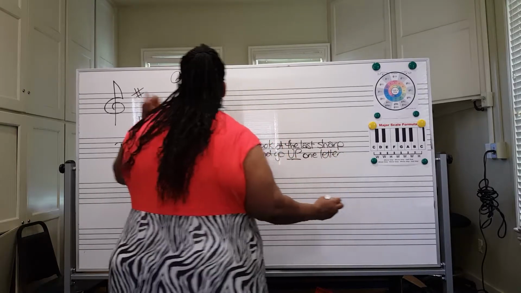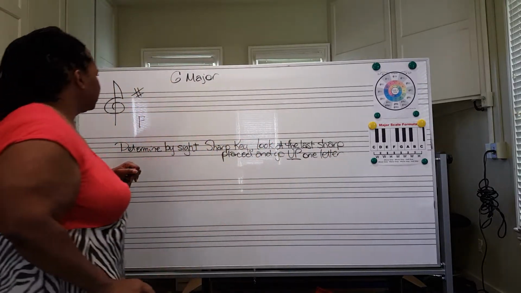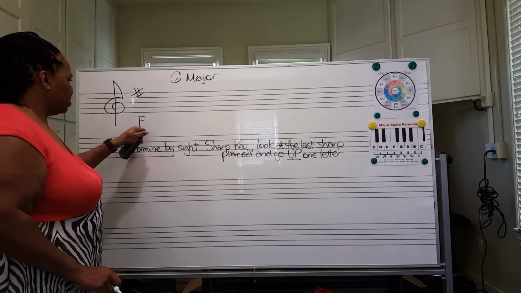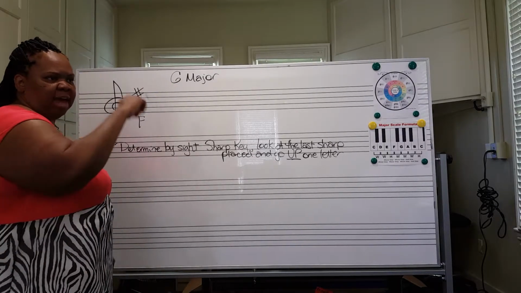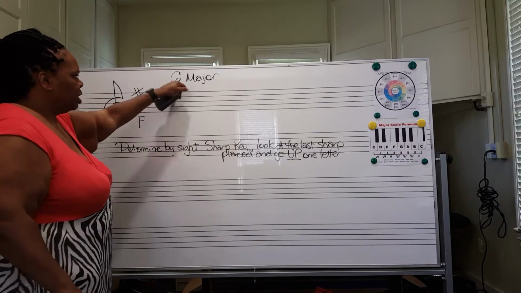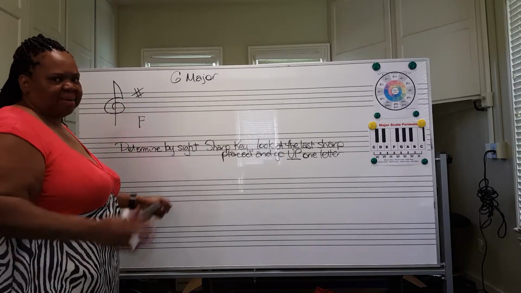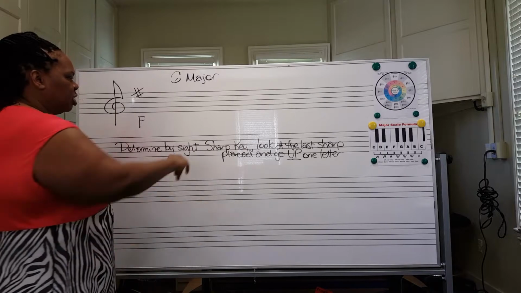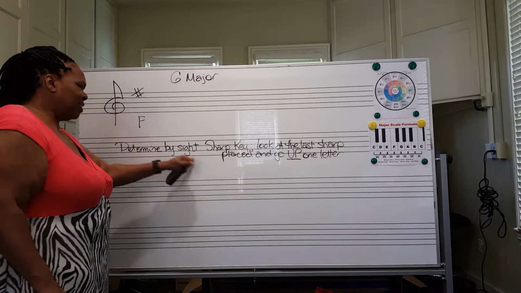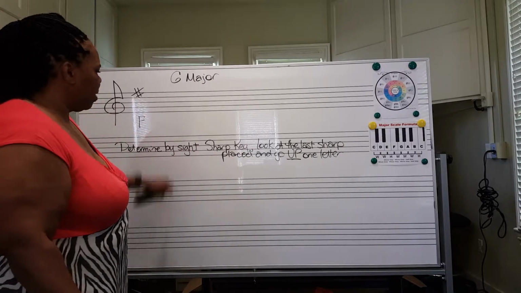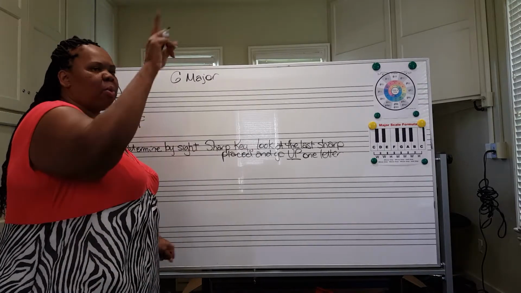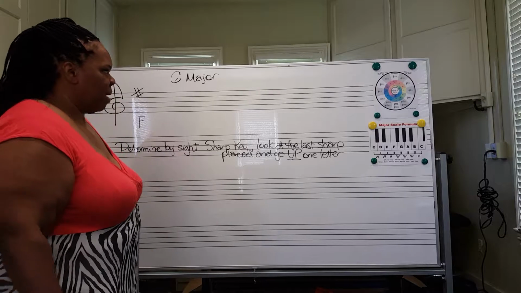Don't worry about the sharp itself, F sharp. F is the letter where it's placed, so therefore I am in G major. F, so I go up 1 letter, G. That's how I find out that I am in the sharp keys. So determine by sight the sharp keys, look at the last sharp placed, and go up 1 letter.